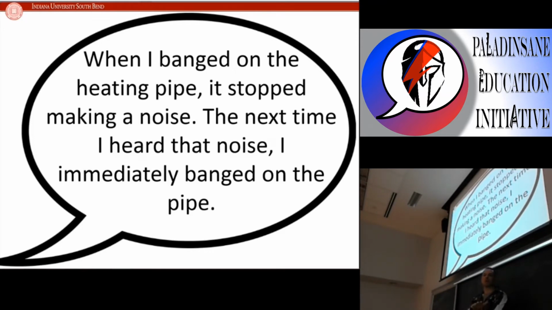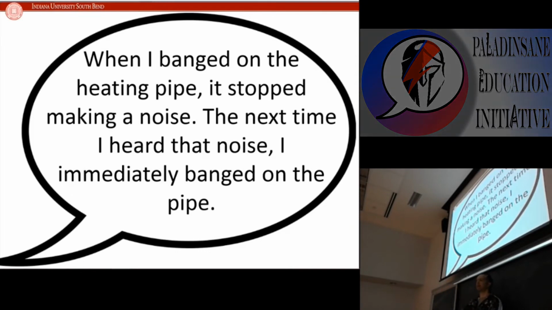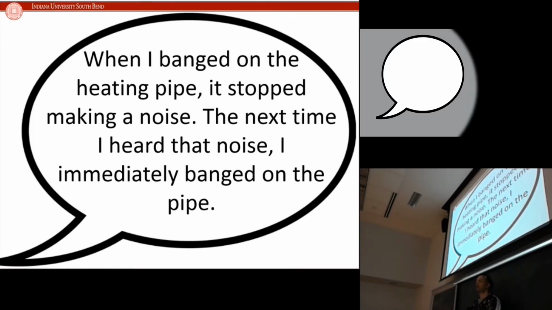So this is an important one again to highlight that the taking away or addition of things to the environment happens after the behavior. The noisy pipe had to have started making a noise at some point. So at some point the noise had to have been added to the environment. But the question is, what happened as a consequence of the behavior?